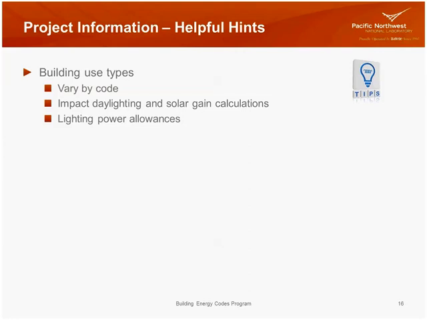This is all project information that you would be entering, but it's really important at first that you get the project information exactly how that building is going to be constructed, because if you go back and have to change project information or building use type, you might have to re-enter some of your other information in the envelope portion or the lighting or mechanical, because it's really driven by those building use types.